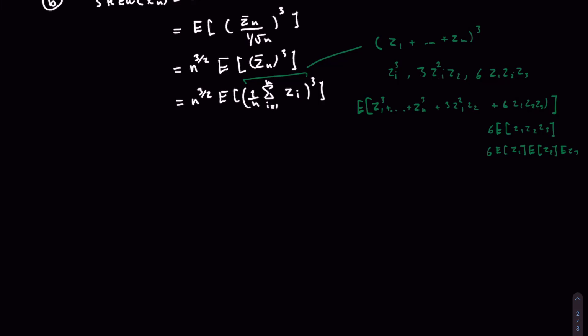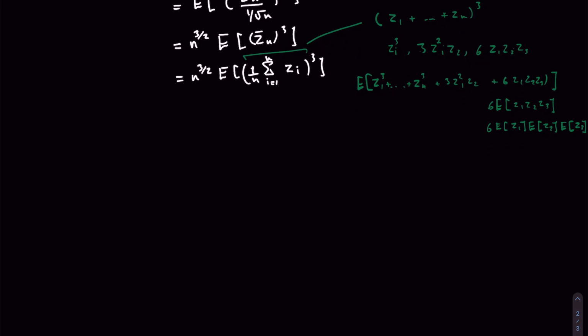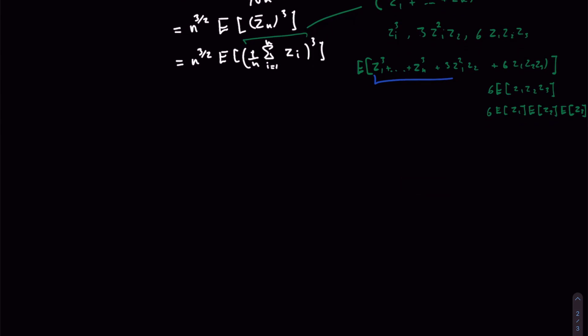Now, what's the point of doing this? Well, these are all zeros. That's the beauty of it. All of these are zeros. The same will happen here. So what we end up with is a bunch of these independent terms, up to here.